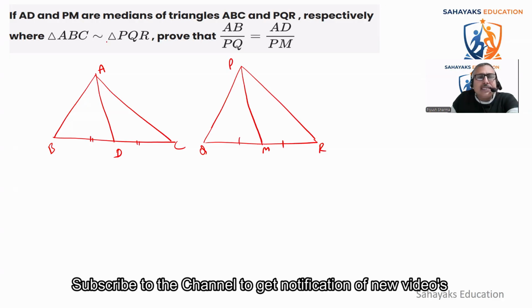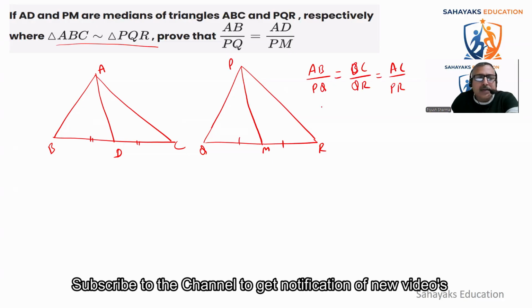Where triangle ABC is similar to PQR. So what is given to us? When these two triangles are similar, that means the sides are proportionate and the angles are equal. So what is given? AB by PQ is equal to BC by QR is equal to AC by PR.